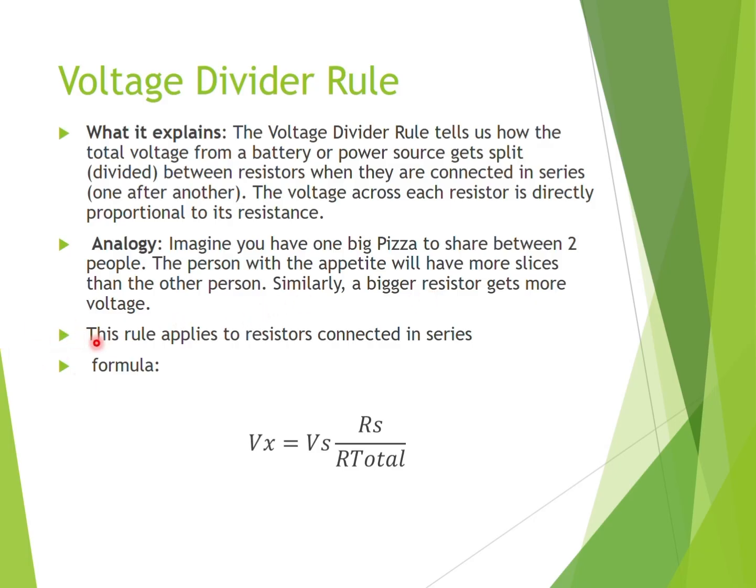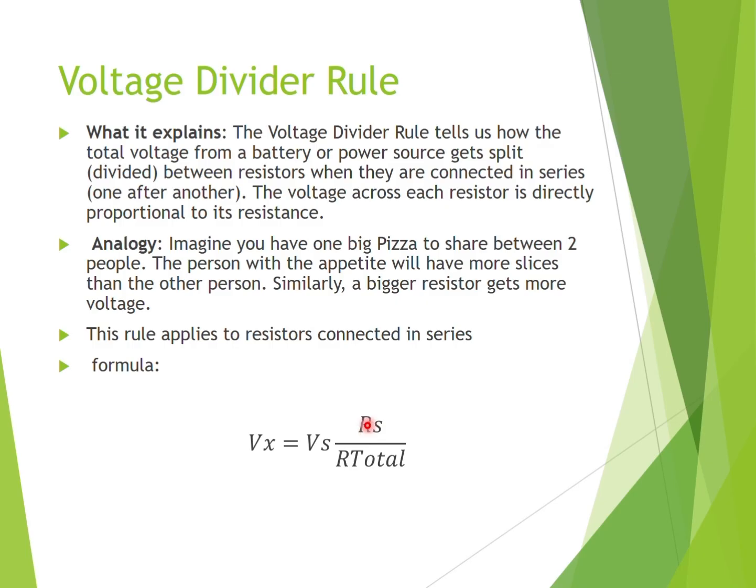And it's also important to know, like I said earlier, that this rule only applies to resistors when they are connected in series. So you cannot apply this when resistors are connected in parallel. Okay, so for the general formula, Vx, which is the voltage we are trying to calculate, is going to be equal to Vs, which is the voltage from the source, power source or battery, multiplied by Rx on R total.